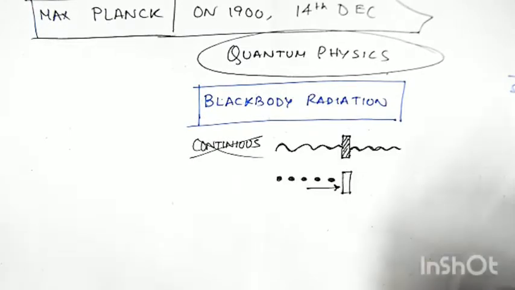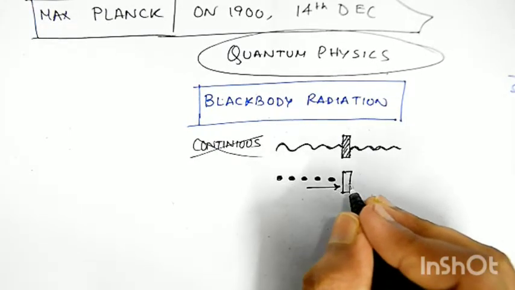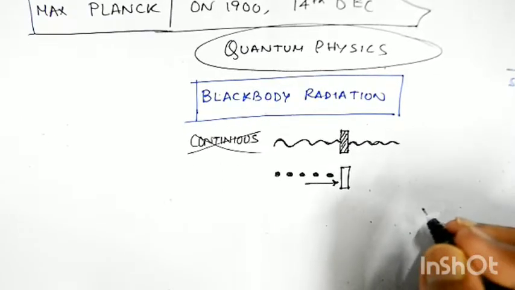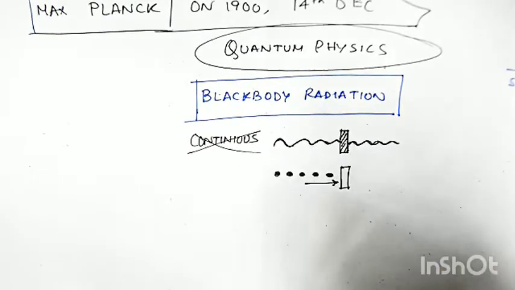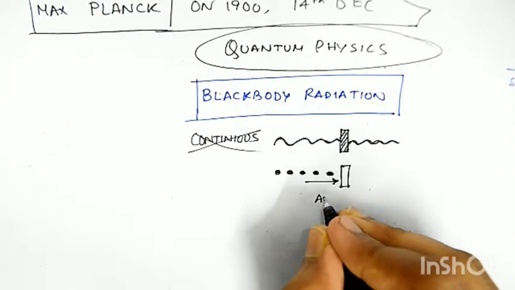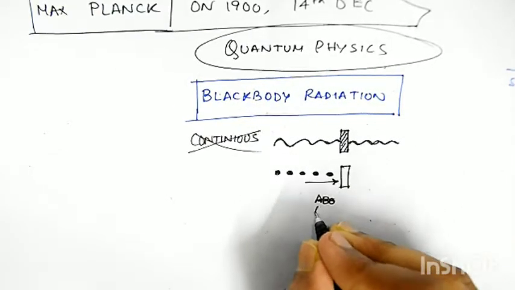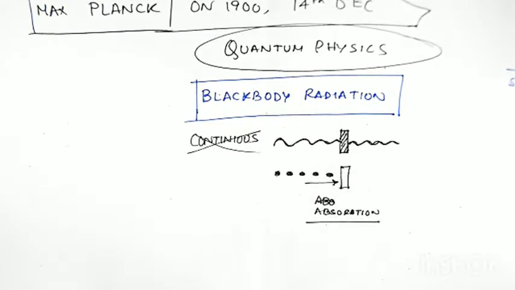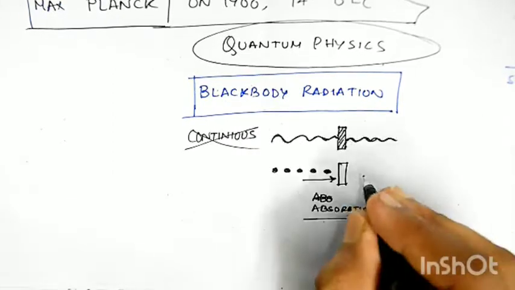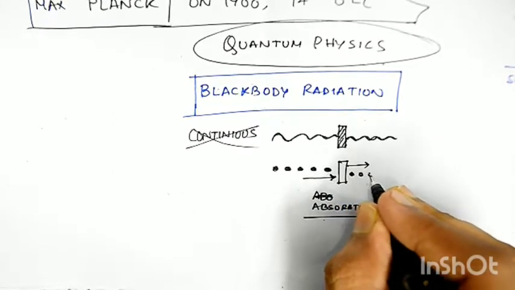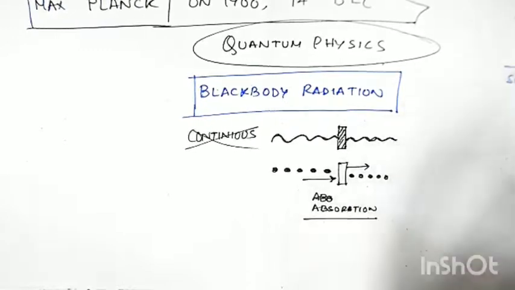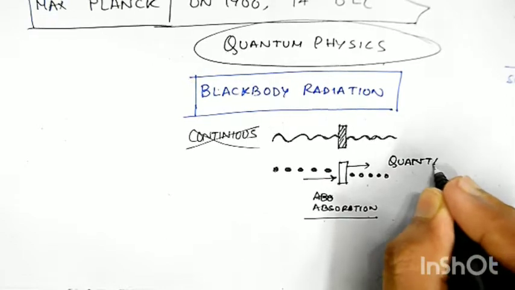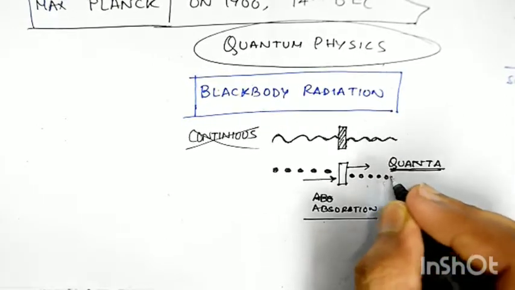Any kind of radiation happens like this, in small discrete parts. They are not happening continuously. Any absorption of energy happens in discrete parts, and all kinds of radiation also happen in quanta, that means in small portions.